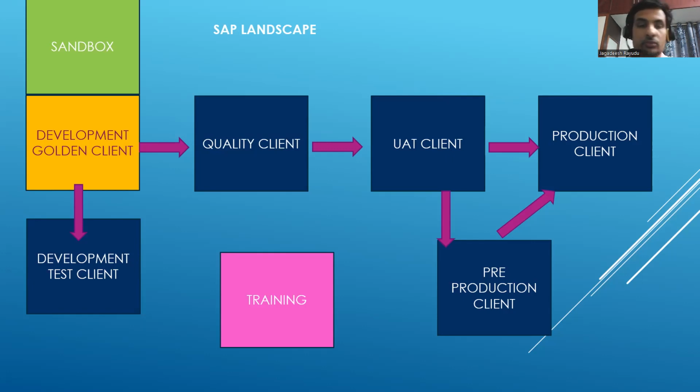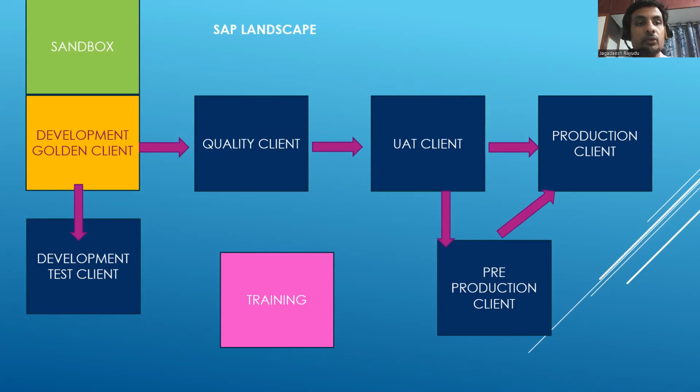How they are going to test, what the architecture is for all these clients, and what ticketing tools we'll have, I'm going to discuss in another session. But now try to concentrate on what the landscape is. Now we have the development client and quality client, development test client, you understood.